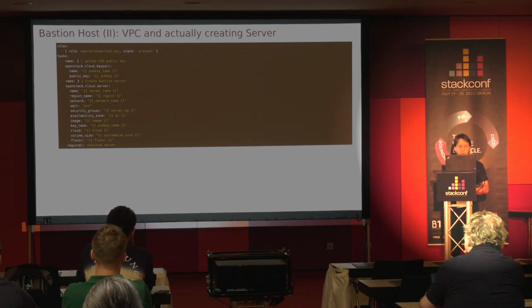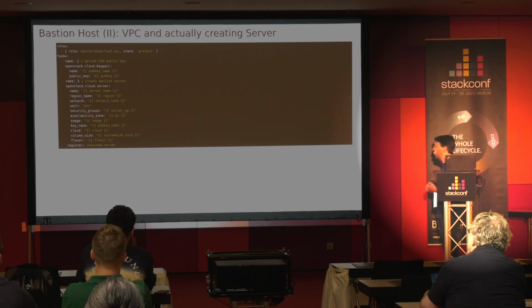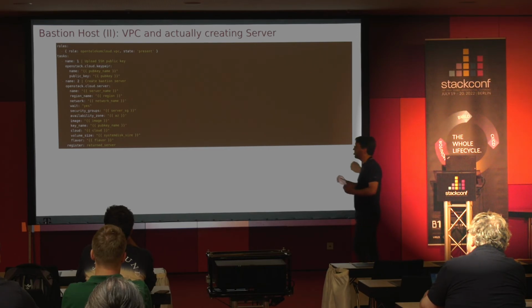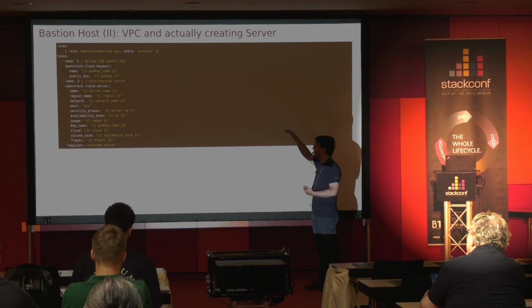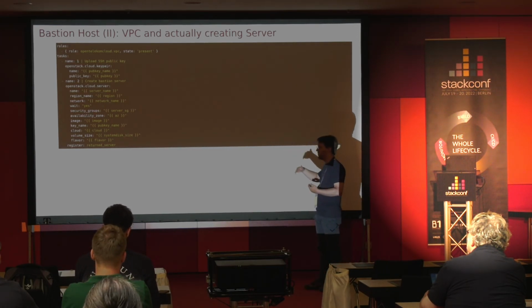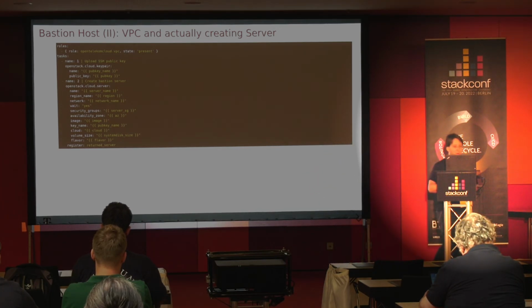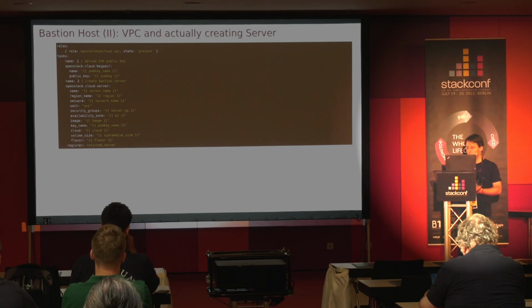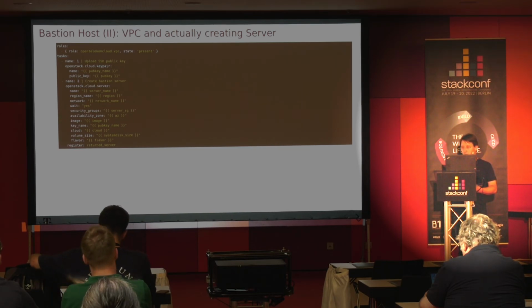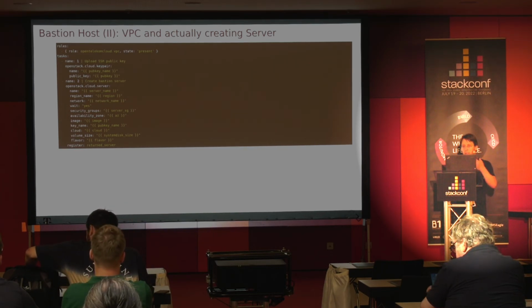It creates the Bastion server, and something noteworthy is the last line, register return server, because each module returns some data. And the return server is a JSON structure, or think of it as a JSON structure that can retrieve important information for next steps.